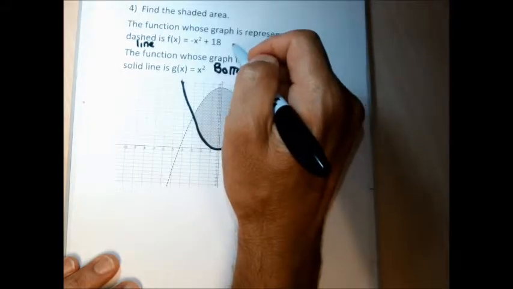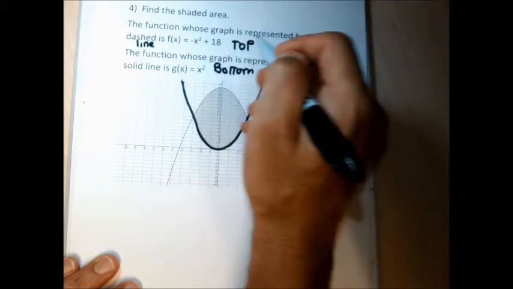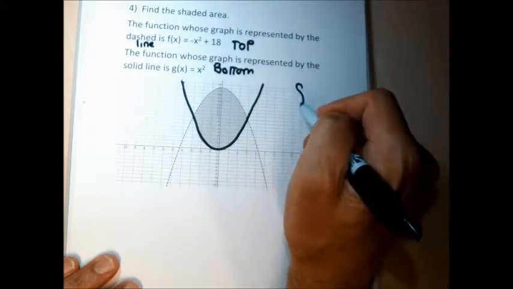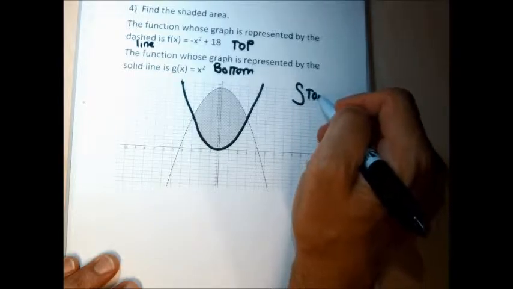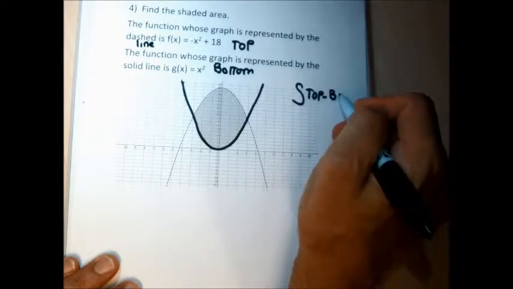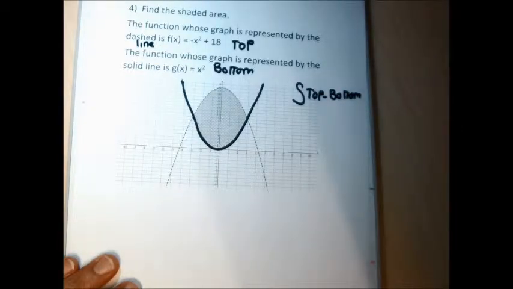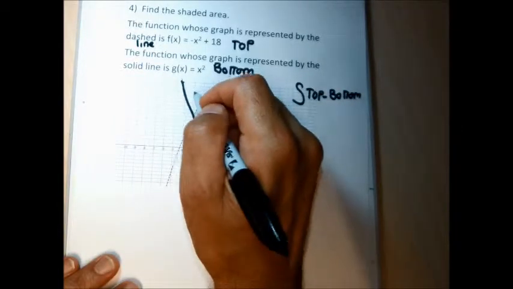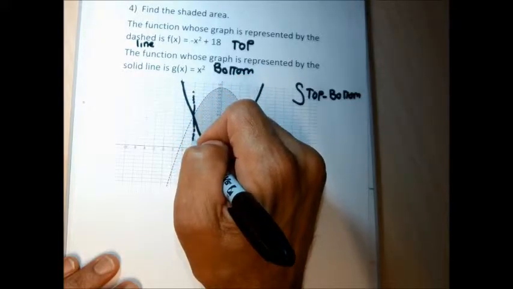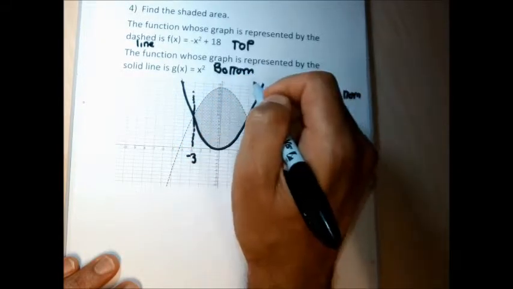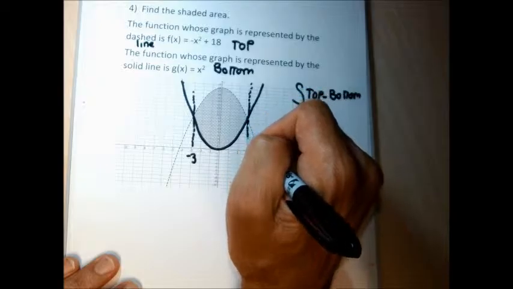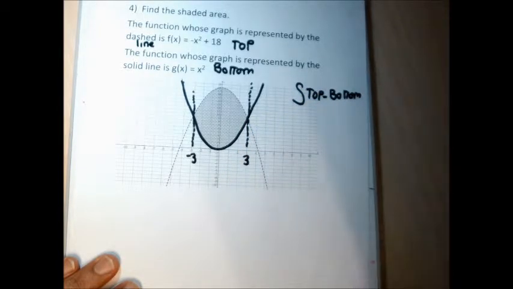The dashed line is the top function. And when I'm finding a shaded area, I'm always integrating the top function minus the bottom function over the prescribed range of x's. And in this graph, the shading starts here at x equal to negative 3, and it ends at x equal to 3.